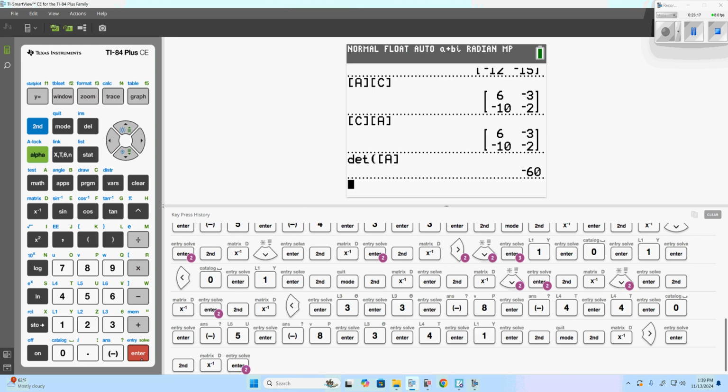Now with determinants, the only matrices that we can take a determinant of are square matrices. If it's not a square matrix, we're not able to take the determinant of it. But you have the rest of the time to work on this here.